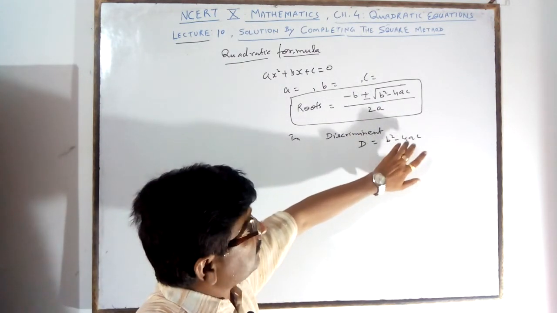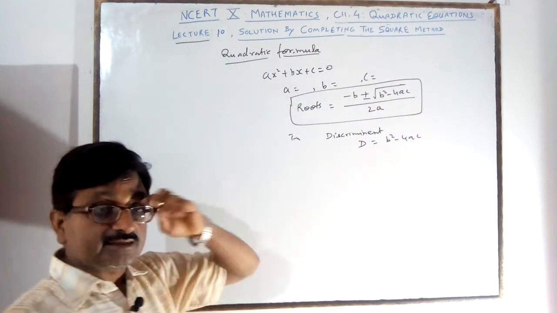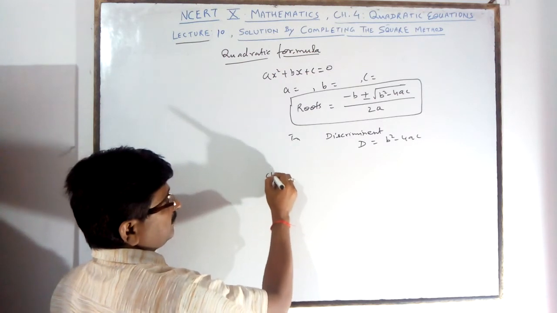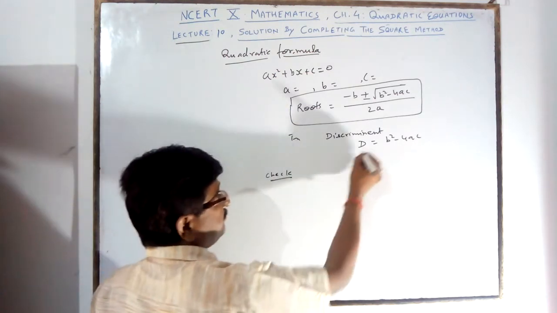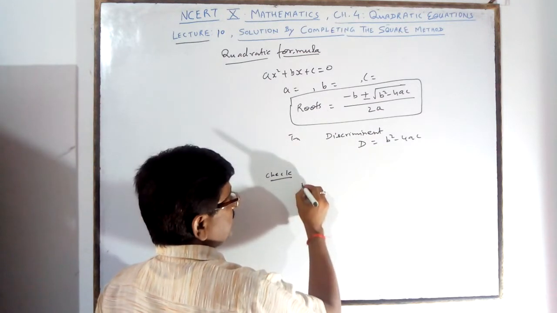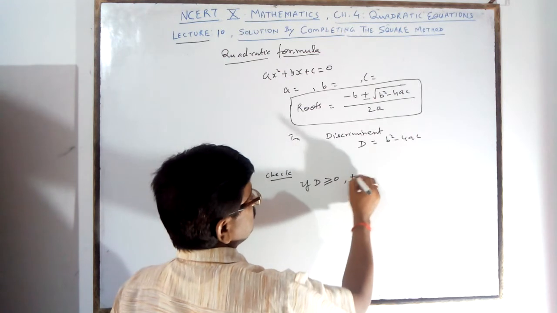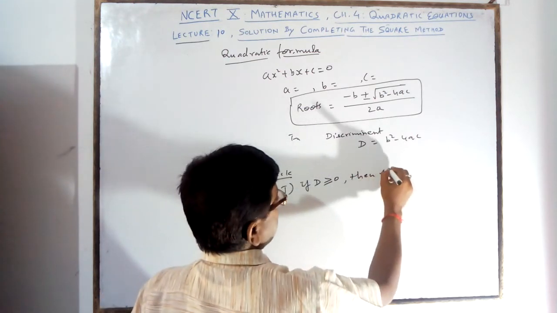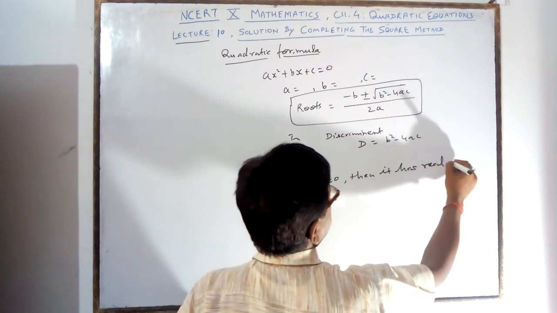With the help of this, you can check, without solving, which of three types of roots the given equation has. If D is greater than or equal to 0, first case, then it has real roots.